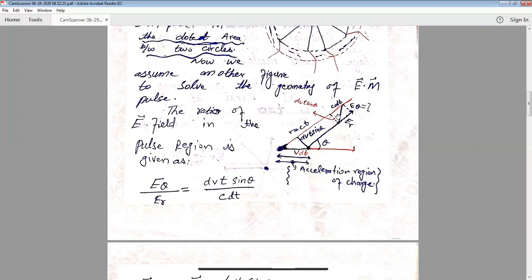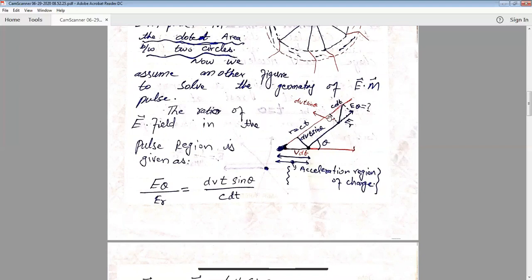We see that electromagnetic waves are also perpendicular to the direction of propagation. So we find the electric field at the time of this pulse.